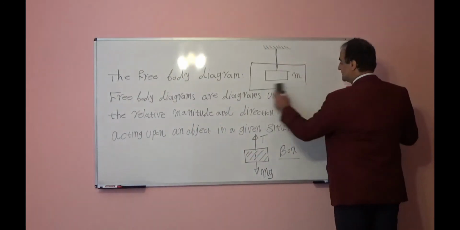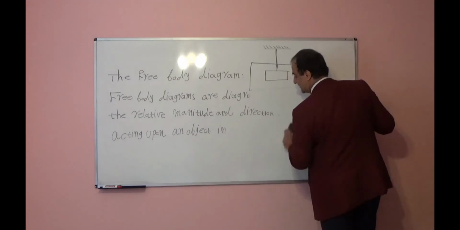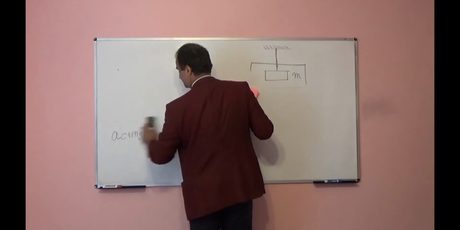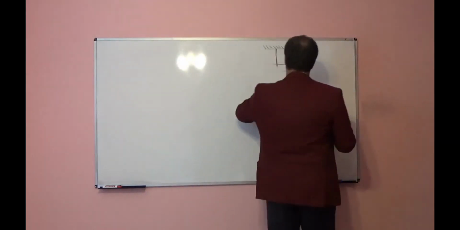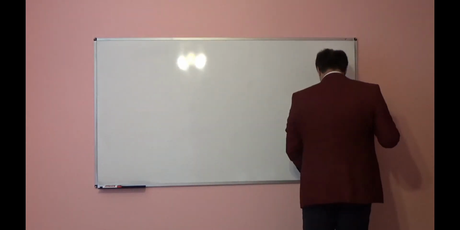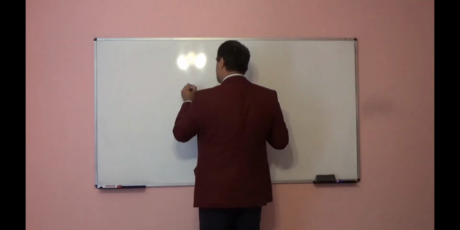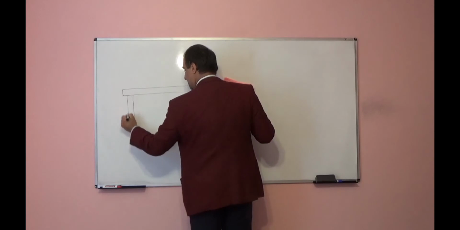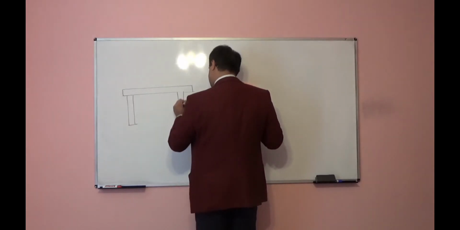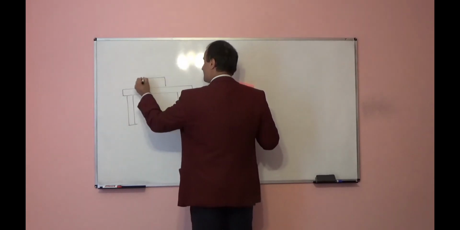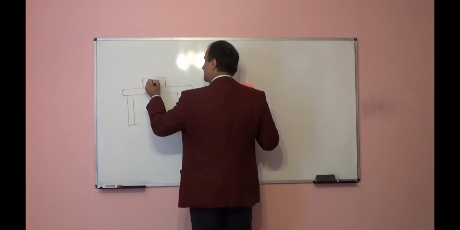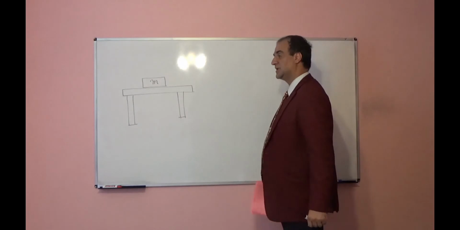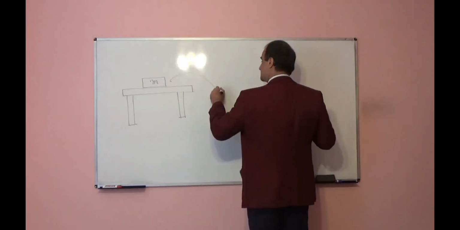Or let's look at another example. Assume there is a box on this desk and again the mass of this box is M. Let's look at the free body diagram for this box.